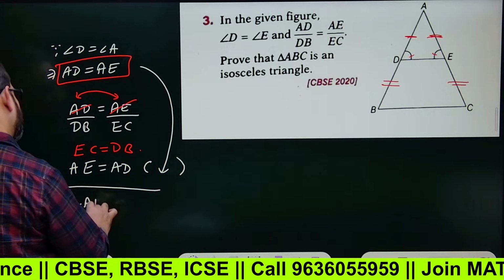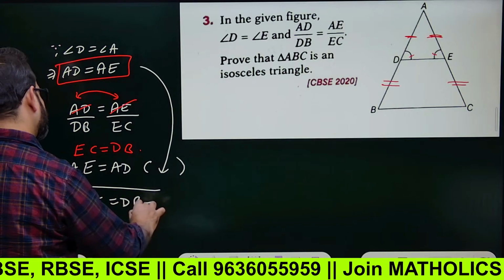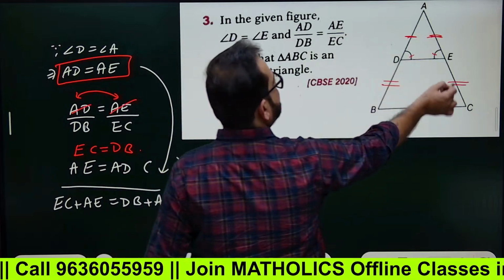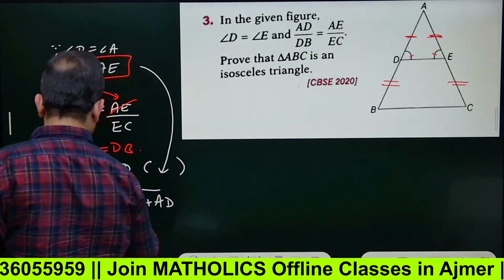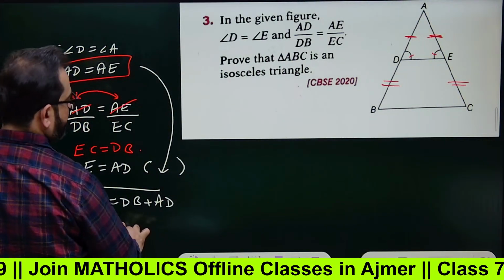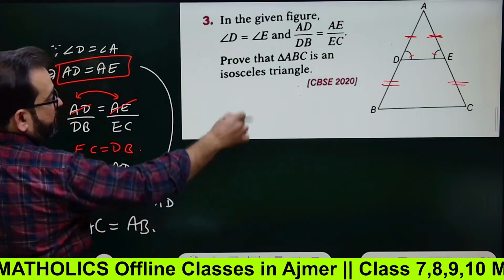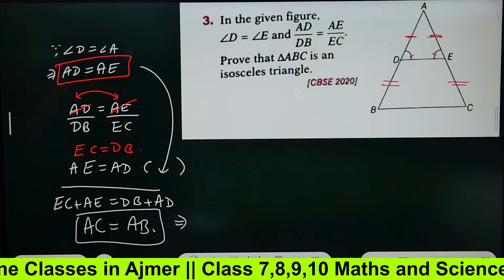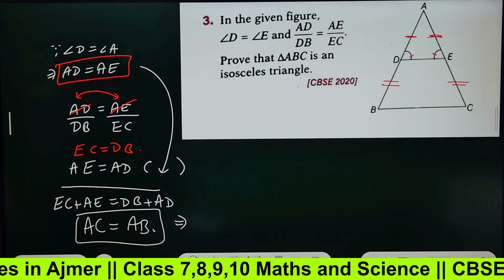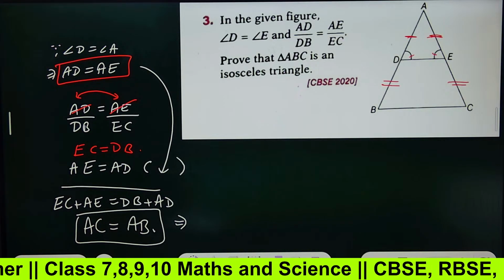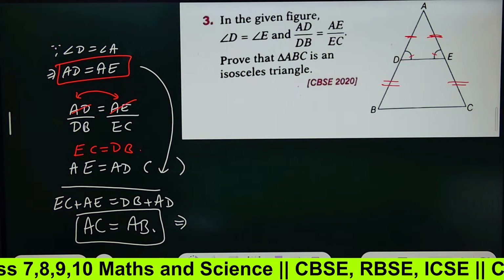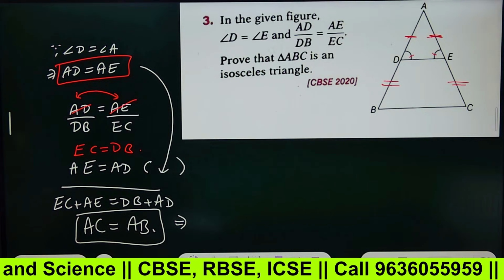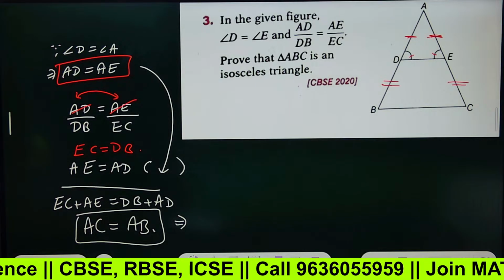EC plus AE is AC, and that equals DB plus AD, which is AB. AC equals AB. Hence proved, the triangle is isosceles. Copy it. Very easy, I think it's not difficult. Then we'll be doing BPT, basic proportionality theorem.